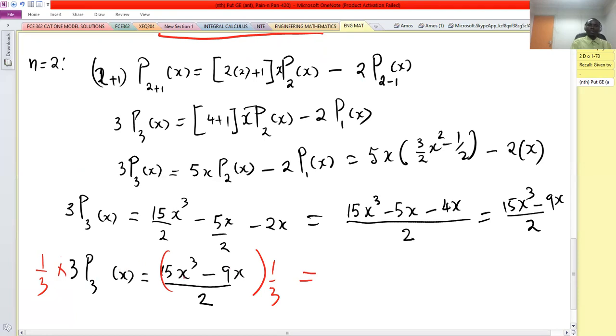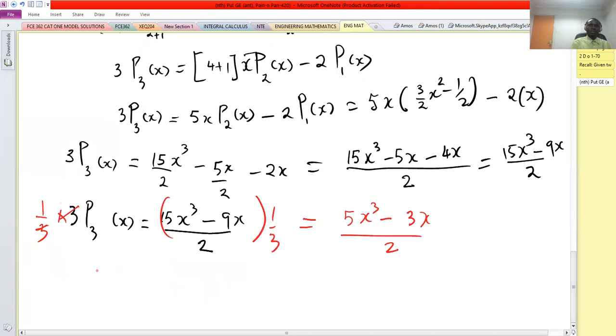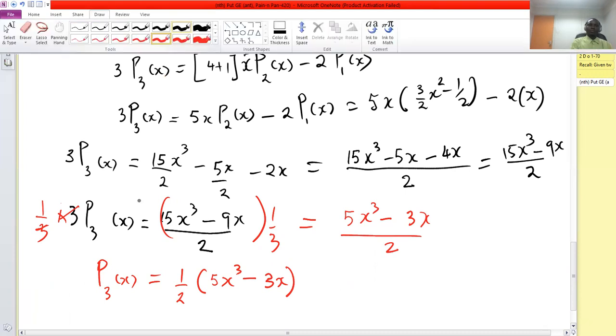And you should be able to see that the 3 and 3 cancel out, so that P3 can be written as a half into 5x cubed minus 3x. So this is our solution for P3.